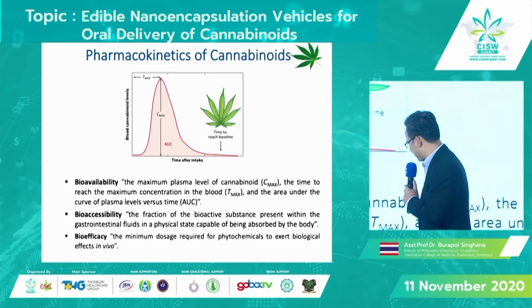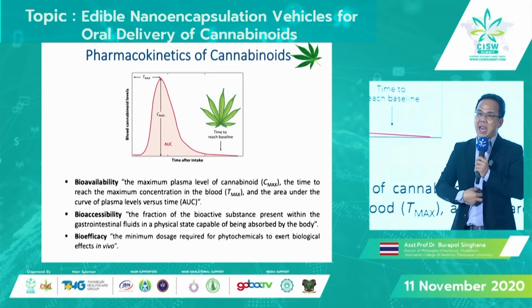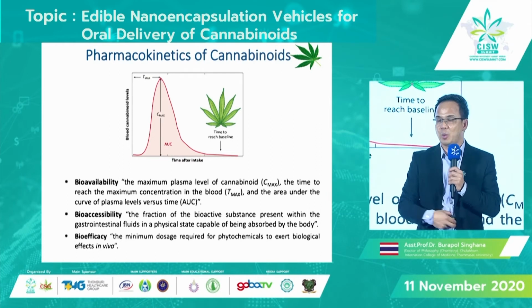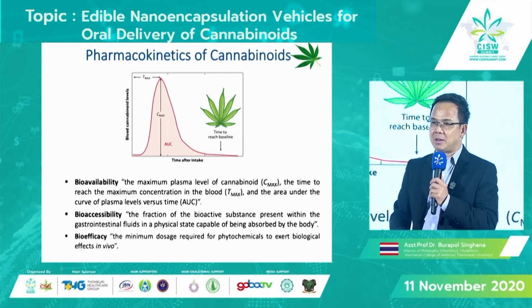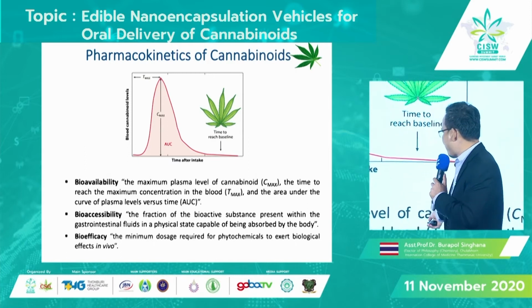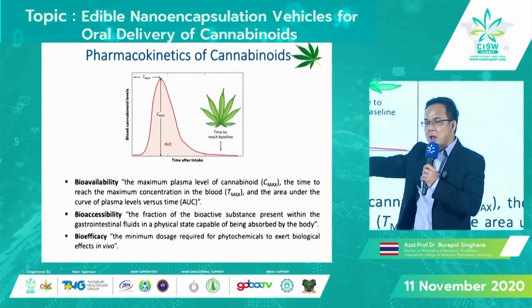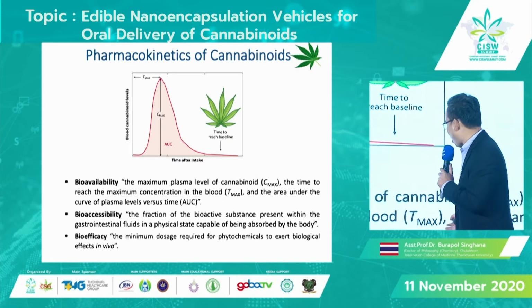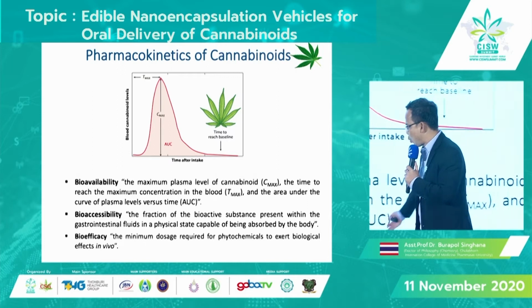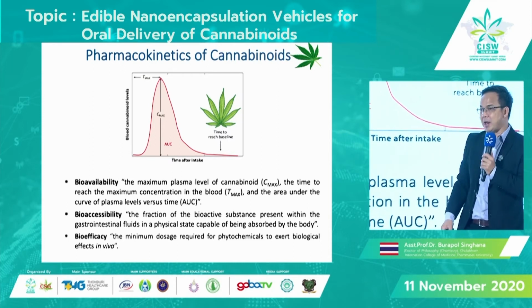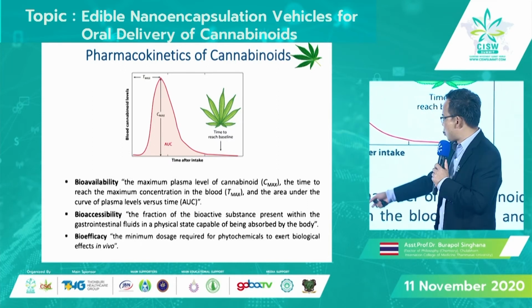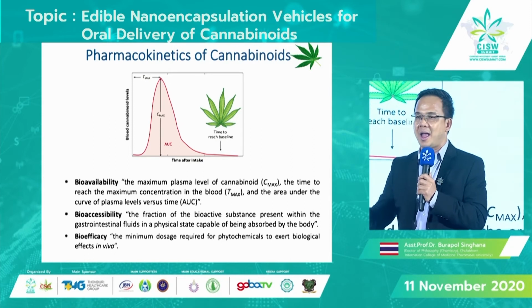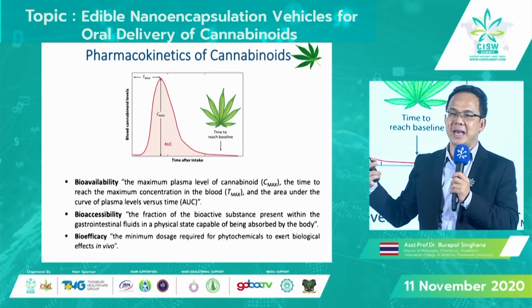How much of this compound do you have in what? Gastrointestinal fluid, which is an aqueous system. So if you do not have much, that means you have low bioaccessibility. If you have a lot of compound presented in gastrointestinal fluid, for example with enzyme, you're going to have higher bioaccessibility, and you have a higher chance to have higher bioavailability.